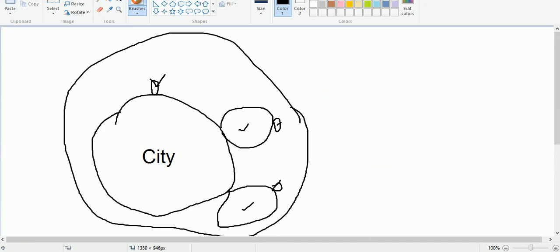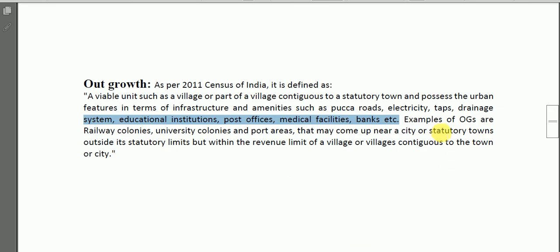So let us proceed. Examples of these urban outgrowths are given here. For example, railway colonies, university colonies, port areas that may come up near a city or a statutory town, notified towns, notified by government, outside its statutory limits but within the revenue limit of a village or villages contiguous to the town or city.